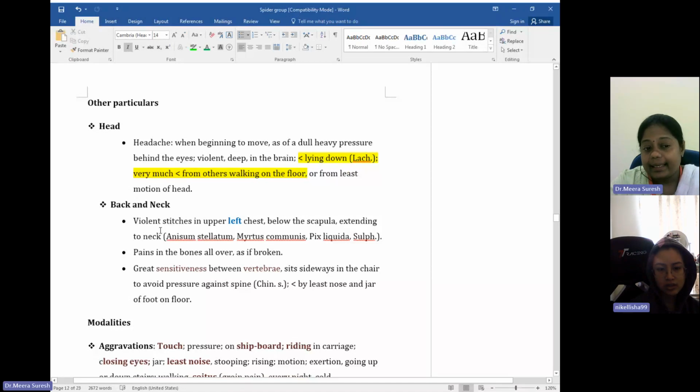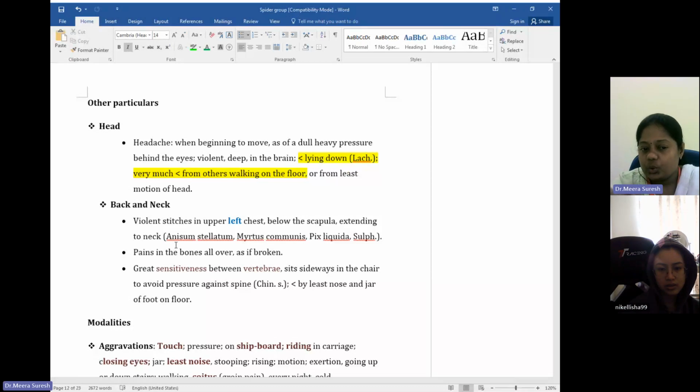Then in the case of back and neck, there will be pain in the upper left chest. We already saw that this is a left-sided remedy. So in the left chest, in the apex region of the lungs, there will be a pain, and that pain will be transmitted via the scapula or even to the neck region.